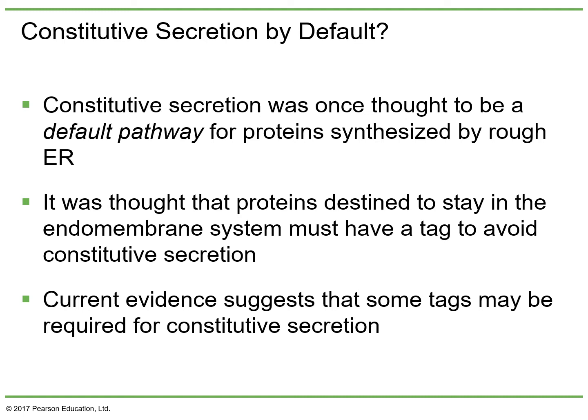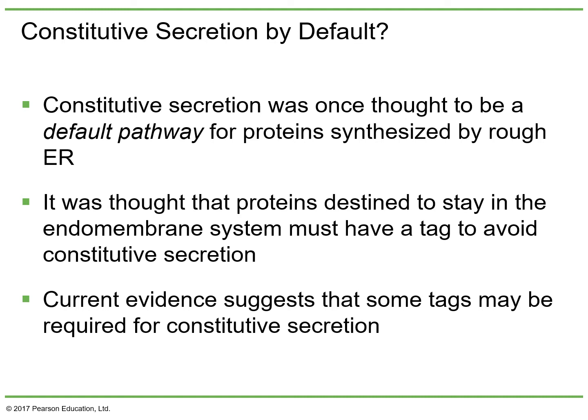Constitutive secretion was once assumed to be a default pathway for proteins synthesized by the rough ER. According to this model, all proteins that are destined to remain in the endomembrane system must have a tag that diverts them from constitutive secretion. Otherwise, they will move through the endomembrane system and be released outside the cell by default.